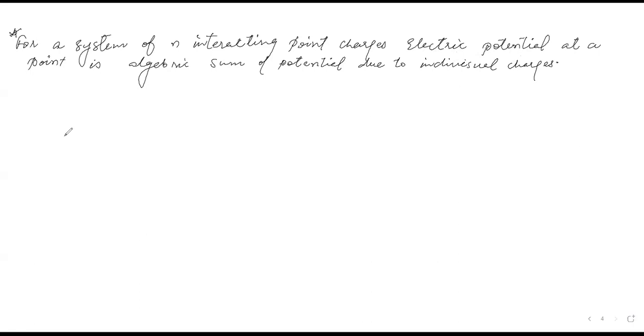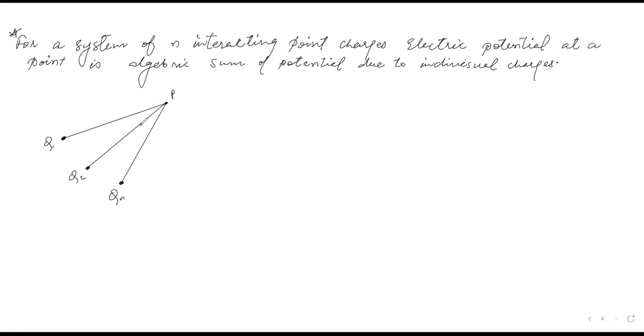Suppose that we have this charge Q1, this is your charge Q2, and this one is your charge Qn. There is another point P, where we want to calculate the potential due to all of these charges. So you can join all of the charges to point P in this way.